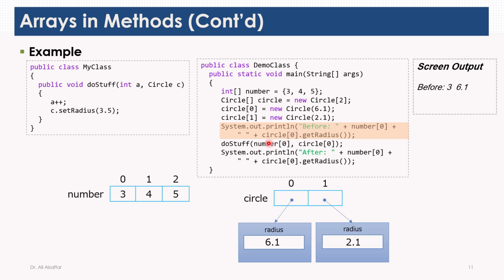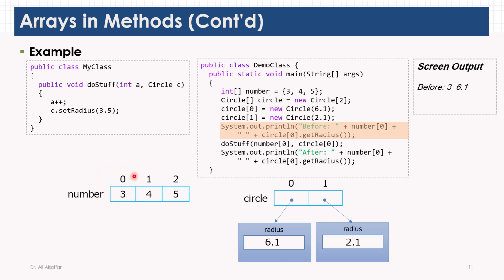Notice here we are using circle 0, and circle is an array of objects of type class circle. So it is a pointer, and to access an object's method, if you know its reference, we use dot. Now next we are calling the method. After printing the values of the arguments before we pass them to the method doStuff, now is the time to call the method with the parameters number 0 and circle 0.